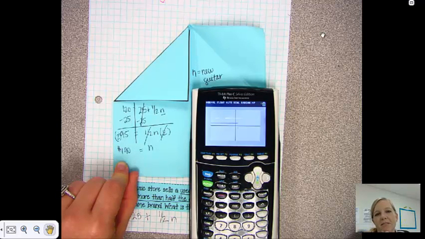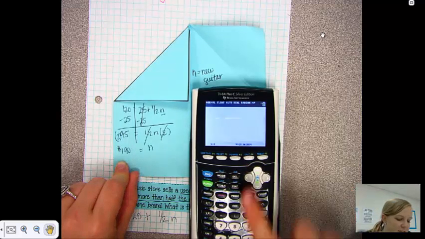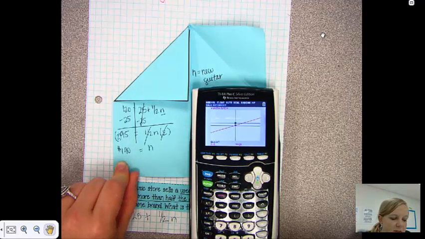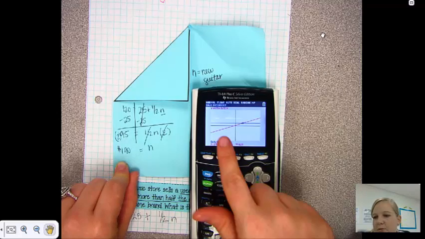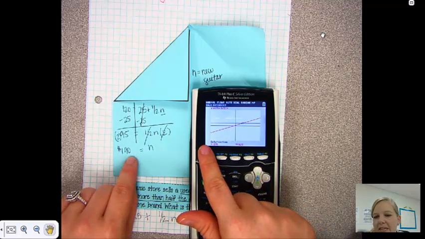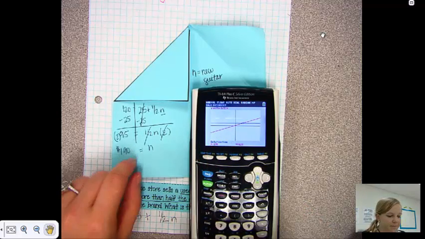Now I'll definitely be able to see it. Okay, second trace, intersect, and we end up with x equals 190. We got n equals 190 so that we know we're correct.